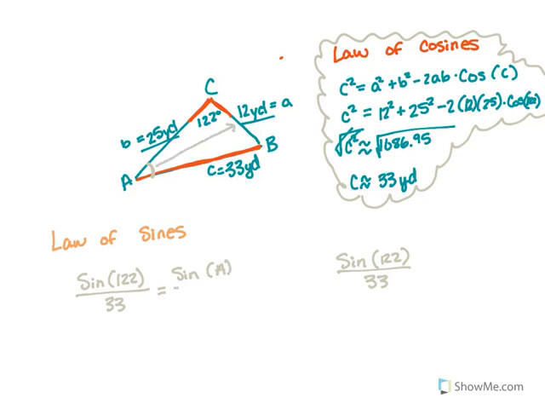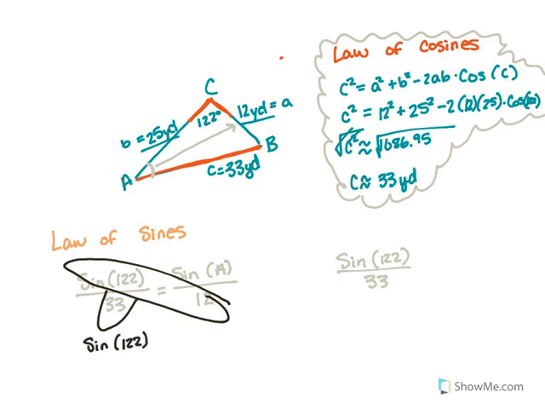The side across from it is 12, so it goes over 12. Now remember, we have to multiply diagonally and then divide. So we're going to do the sine of 122 times 12 over 33. And then it equals the other one, which is the sine of A.